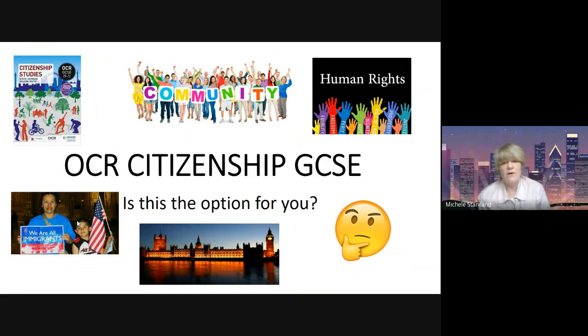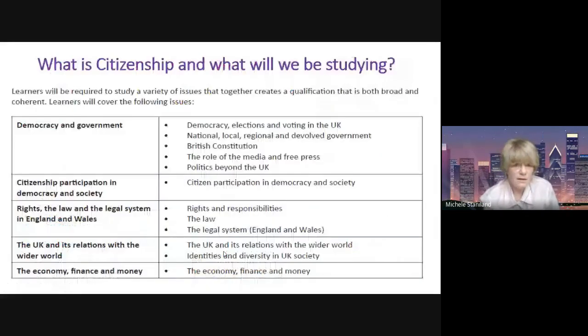If, however, you don't know what this building is, and you don't understand your human rights and you don't understand how issues in your community arise, then I also think that you should consider choosing Citizenship GCSE. So this is the Houses of Parliament, which is kind of where we start off in Year 10.